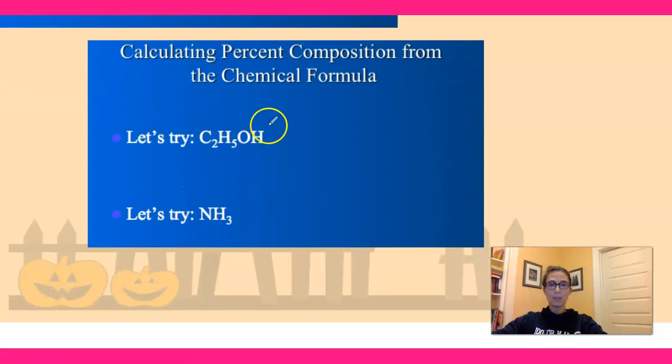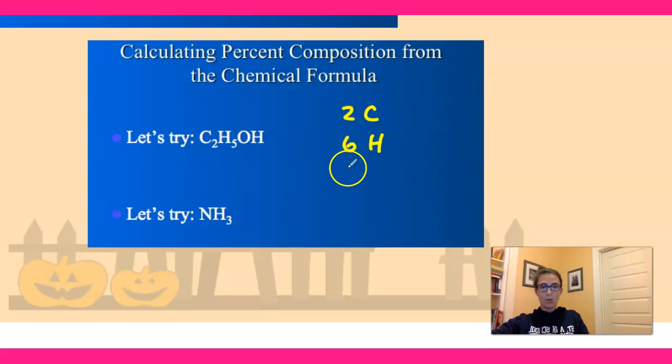So let's try an example. First we're going to start with C2H5OH. The first thing that you want to do is calculate the molar mass. So let's figure out how many of each element we have. We have 2 C's, we have 5 H's plus this H, so we're going to call that 6 H's.